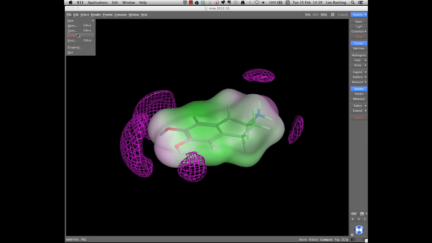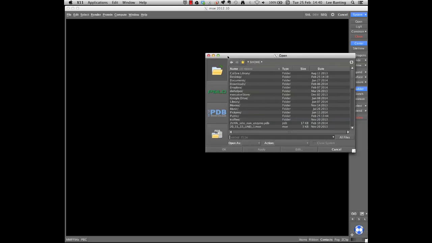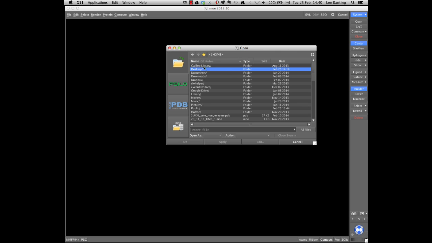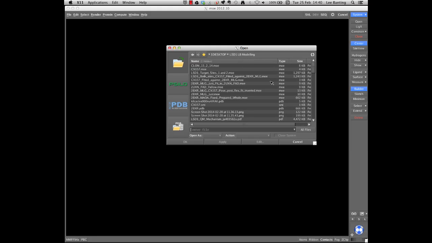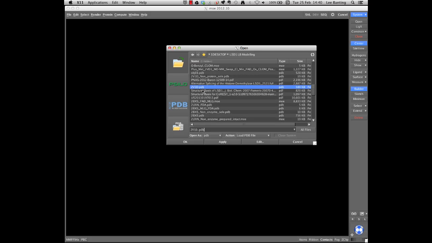So what I'm going to do is close that system now and show you that we can do the same with a more complex molecule, and I'm going to try and find a sensible structure to show you. So I'm now looking for a target molecule that will be interesting for you.